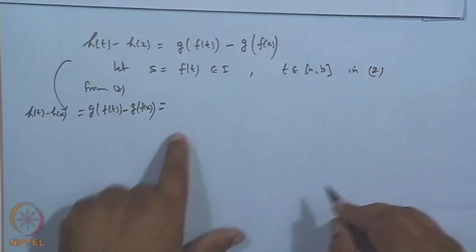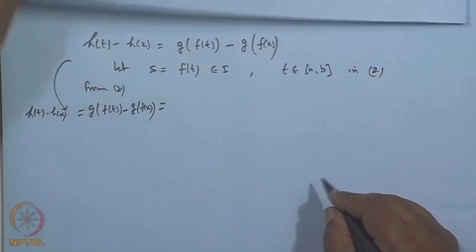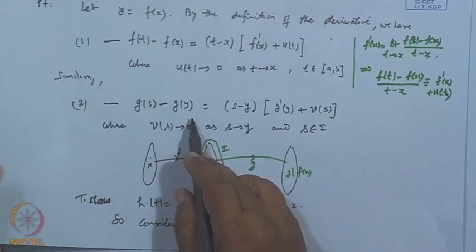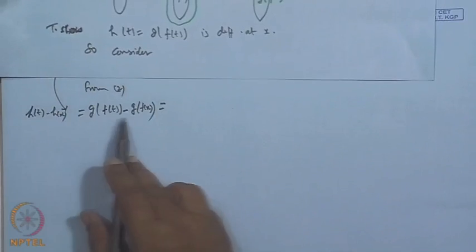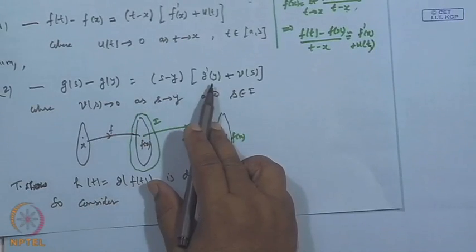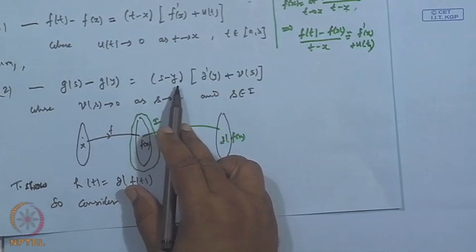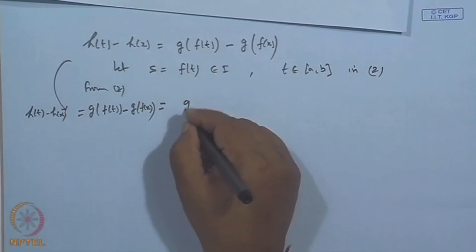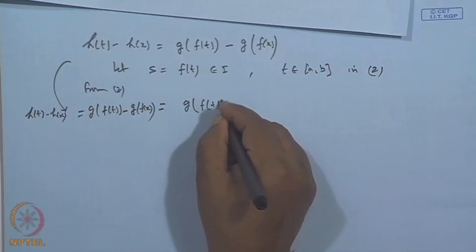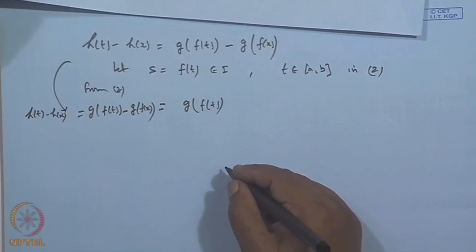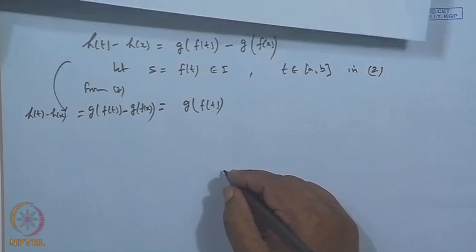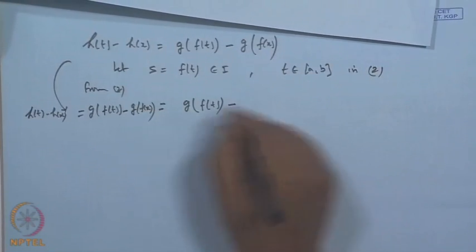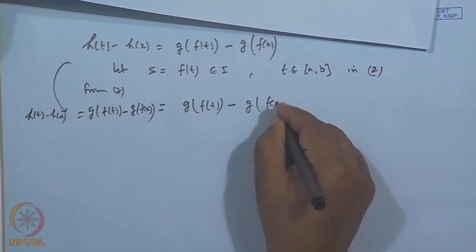So, if I replace s by f t, then the right hand side gives s minus y, so s will be equal to g of f t minus g of f x, that is the same thing which I have written.